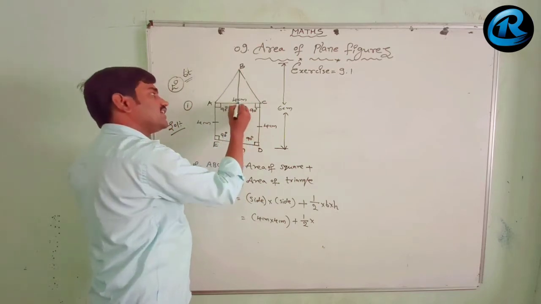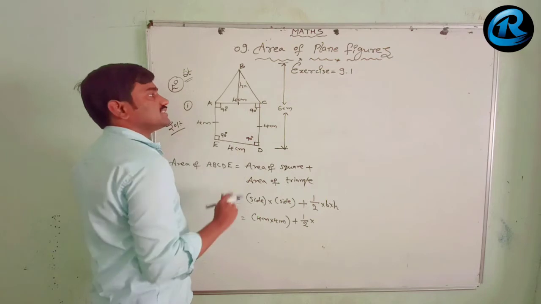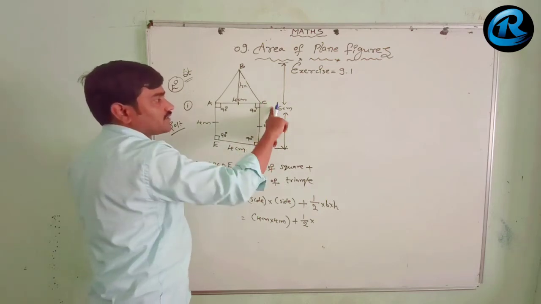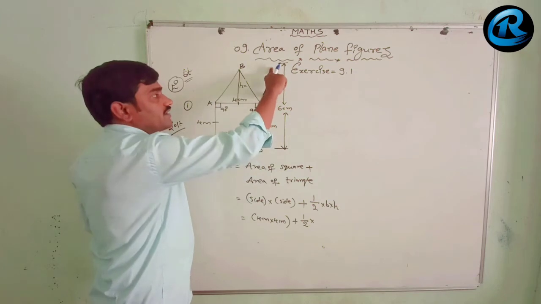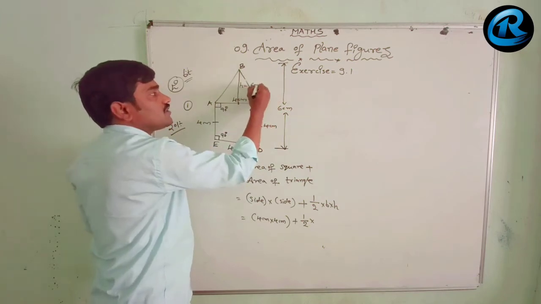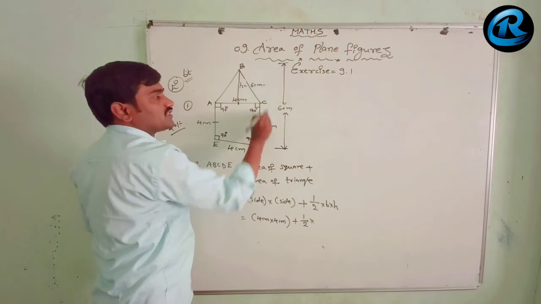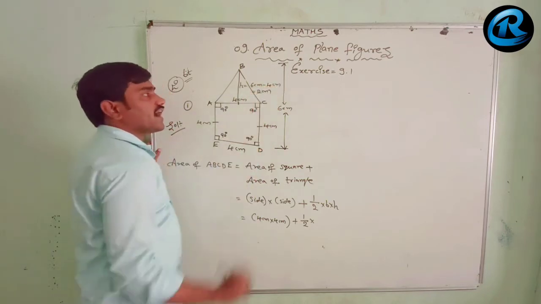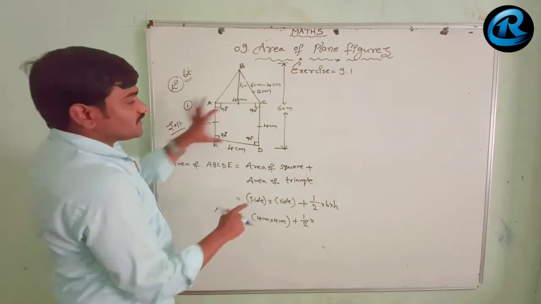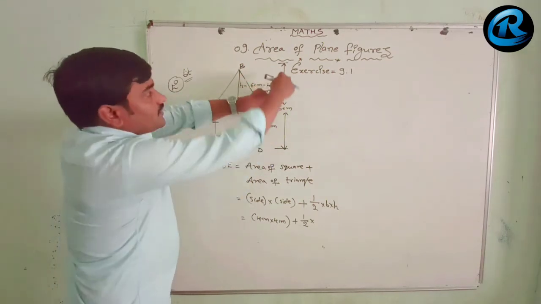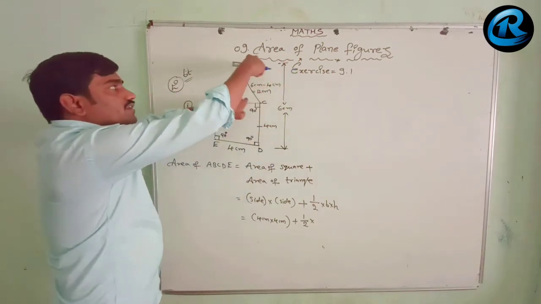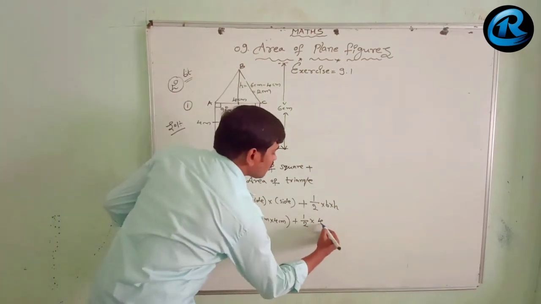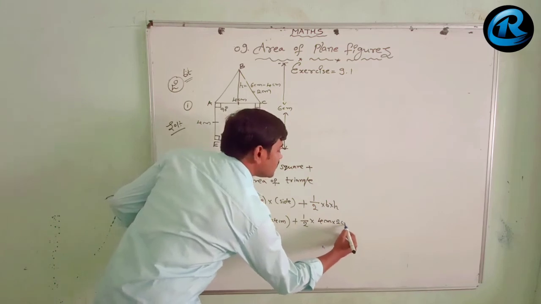The height of the triangle is C. Already till here it is 4 centimeter, so the height equals 6 centimeter minus 4 centimeter, that equals 2 centimeter. So the base is 4 centimeter and the height is 2 centimeter.